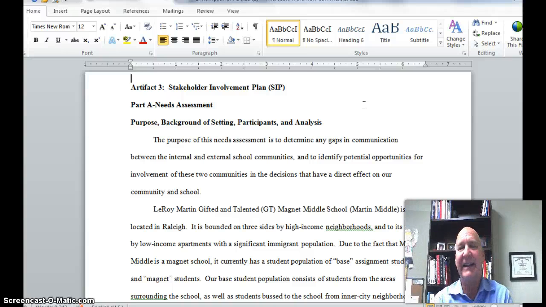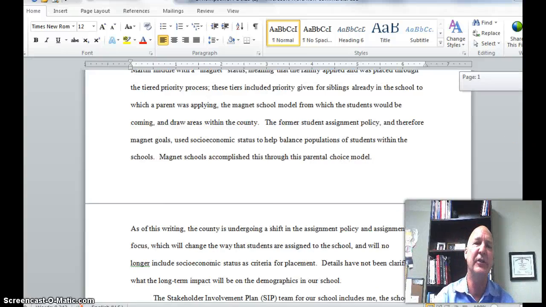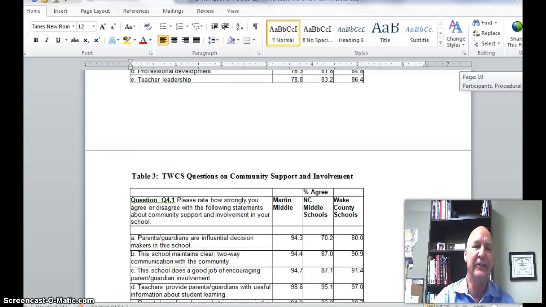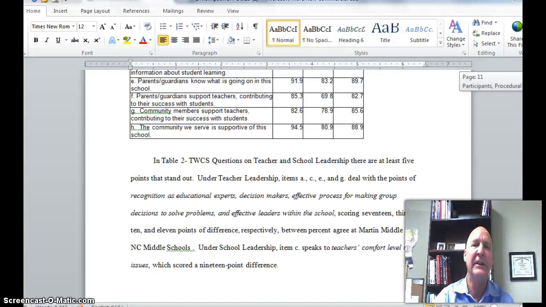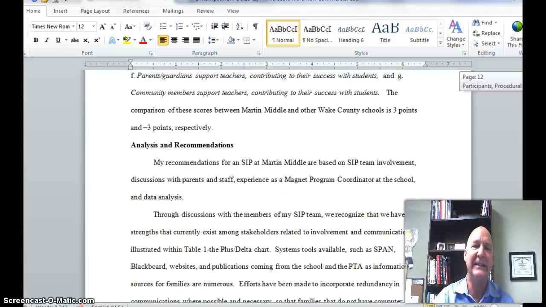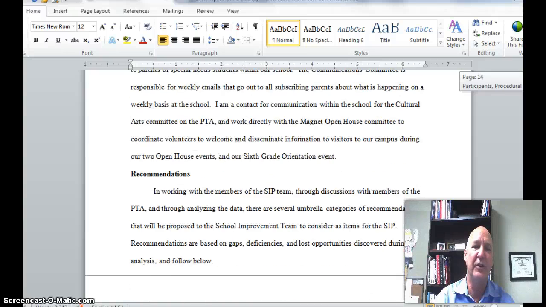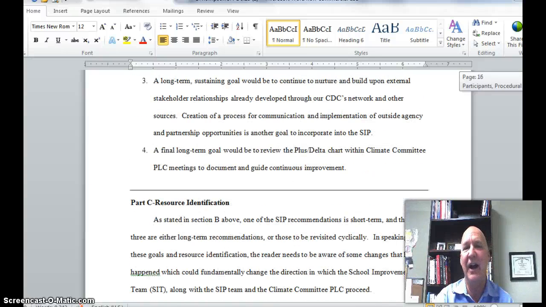This is real, and I did not redact this so that you could have an example to look at. But in terms of resources, Lisa did a good job identifying the people and the things, the monies and resources necessary for the stakeholder community involvement plan to be accomplished. So check out Lisa's if you need an example for that.